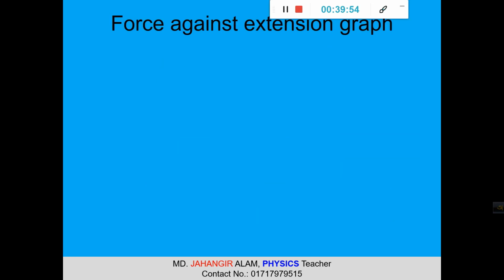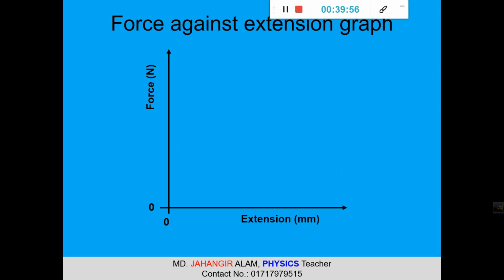Now the force against extension graph. Here remember when we plot a graph, we should put extension in the horizontal axis. That means it is the independent quantity.